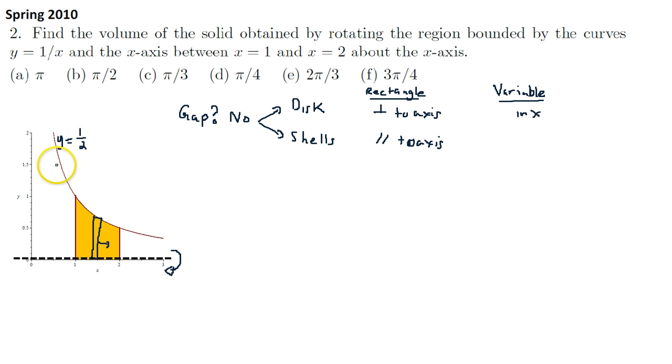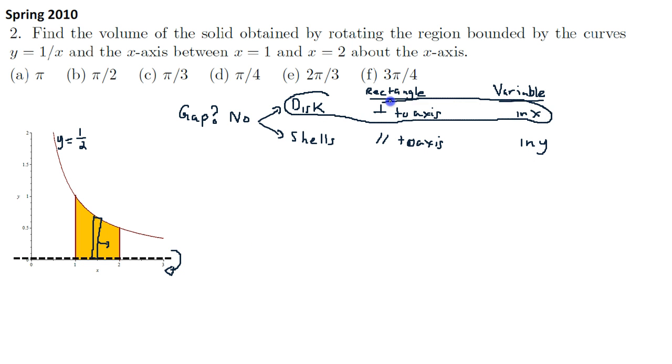If you're doing shells, then you have the horizontal rectangle, and you have to move it vertically. That's going to be in terms of y. And we're going to go with disk.